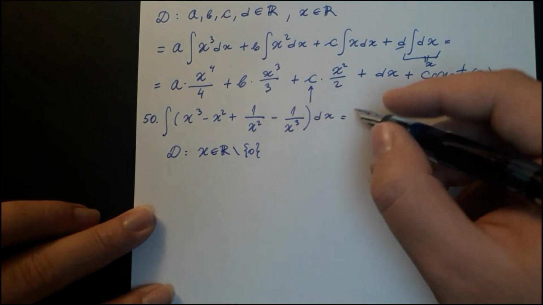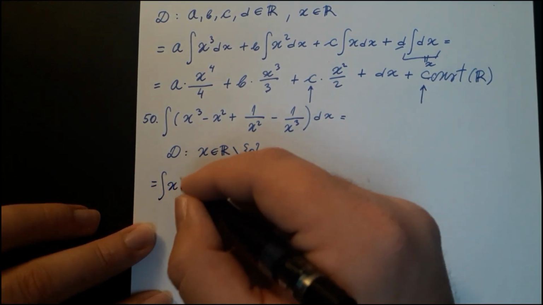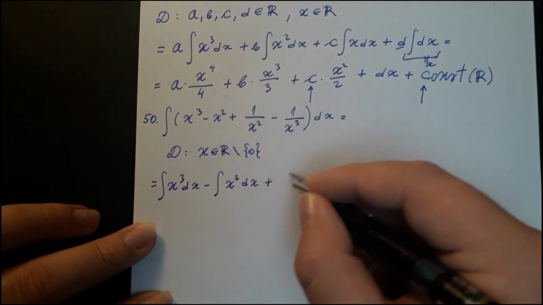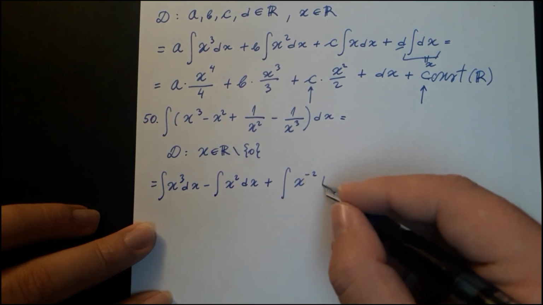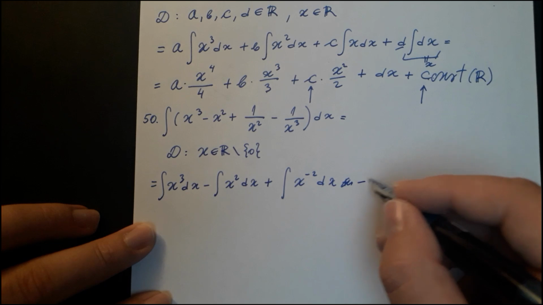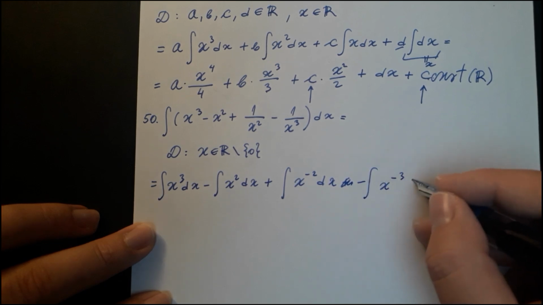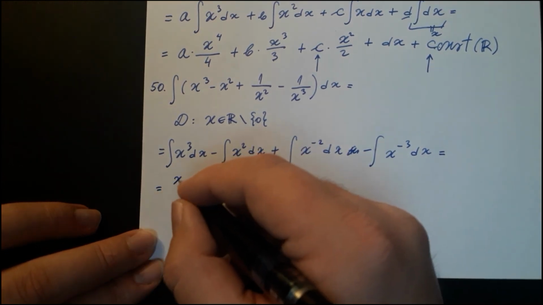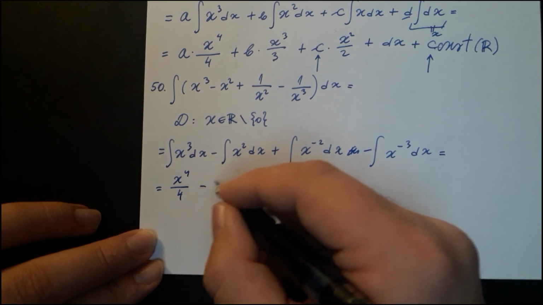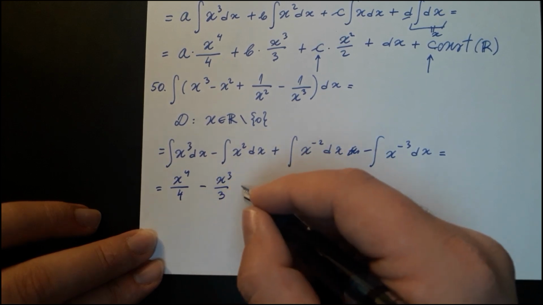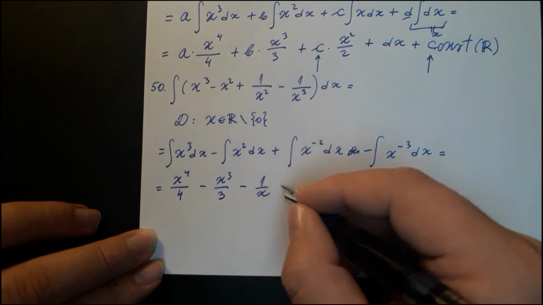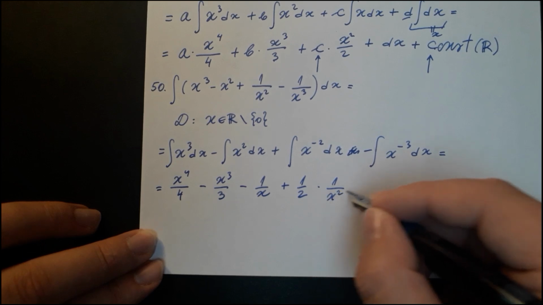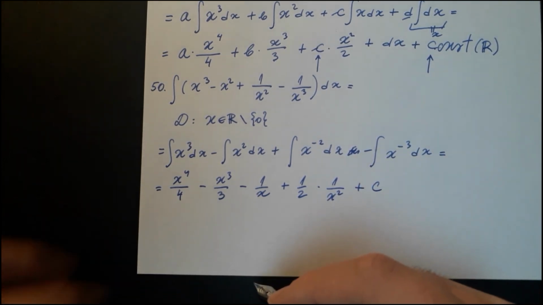And then this integral is equal to an integral of x cubed dx minus integral of x squared dx plus an integral of x to the power negative 2 dx and minus an integral of x to the power negative 3 dx. This is then equal to x to the power 4 divided by 4 minus x cubed divided by 3 minus 1 divided by x and plus 1/2 times 1 divided by x squared and plus an arbitrary constant c.